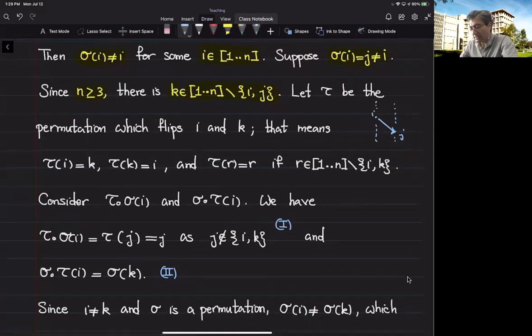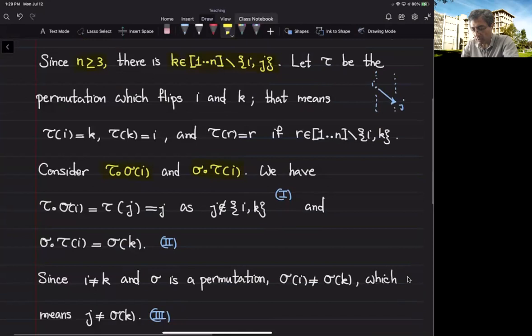In order to show that these two permutations are not equal, it's enough to show that they do not give me the same value at a single point, and that point is going to be i. So I'm going to show that tau of sigma of i is different from sigma of tau of i.